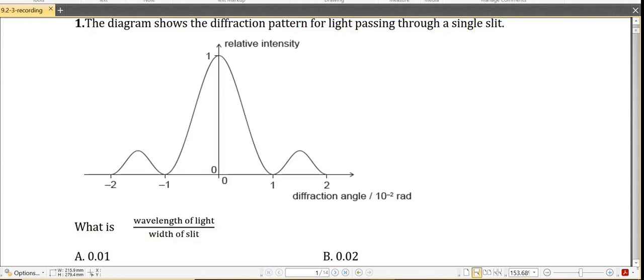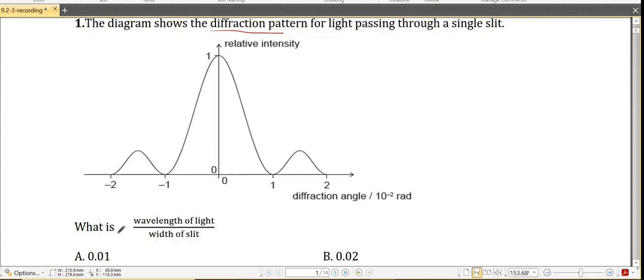So let's solve this question first. The diagram shows the diffraction pattern for light passing through a single slit. We have an intensity graph and the diffraction angle. The moment you see the words diffraction pattern, try to recollect the equations of diffraction.